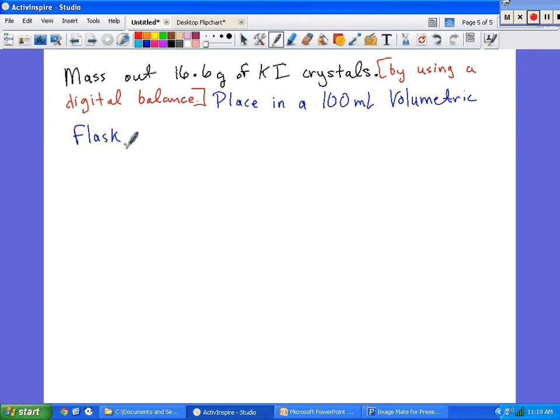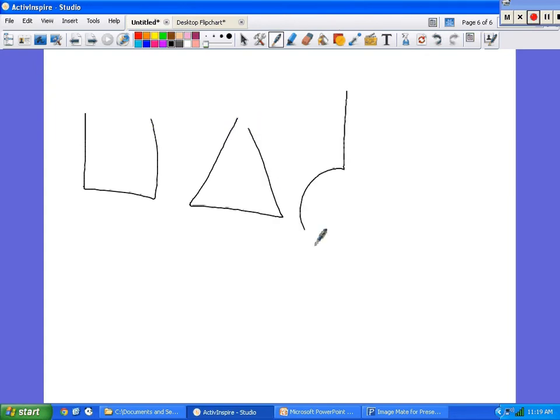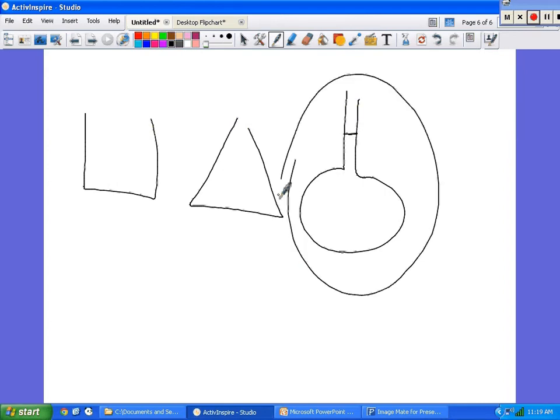Because you remember, we have a beaker. This is a beaker, right? Then we have an Erlenmeyer flask, which is like this. And then the volumetric flask is kind of like this, and it's got that line, right? This is why we use the volumetric flask.